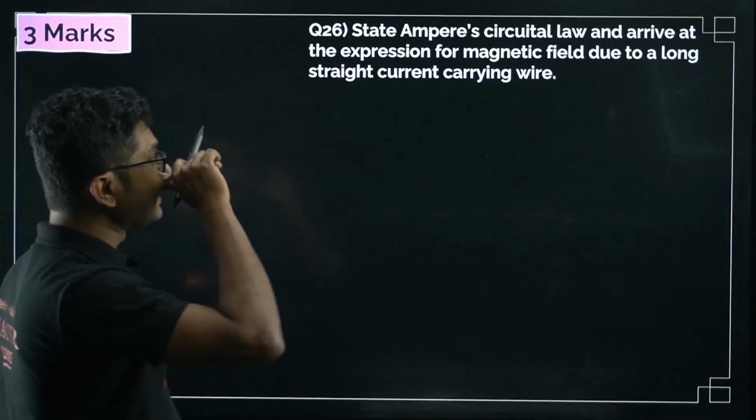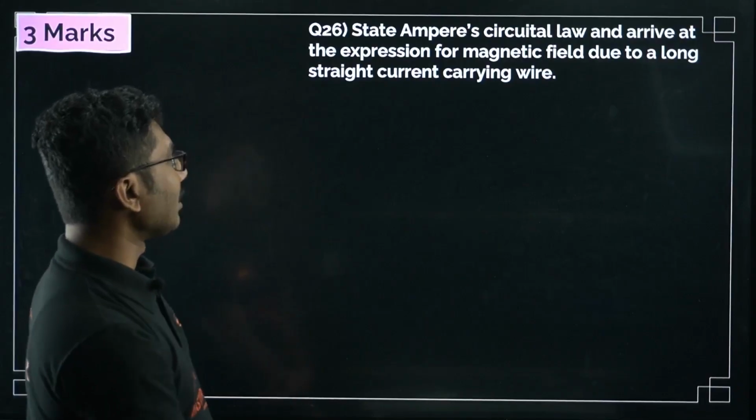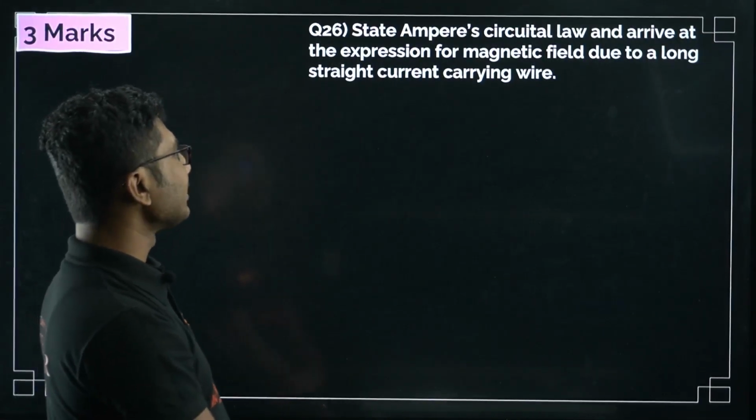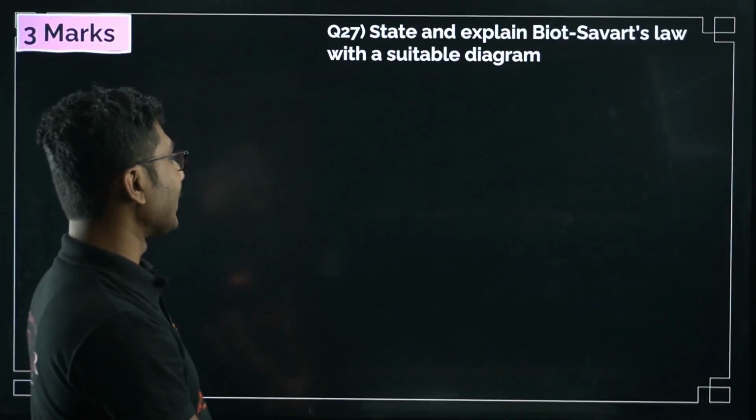Next is 26. State Ampere's circuital law and arrive at the expression for the magnetic field due to a long straight current carrying wire.